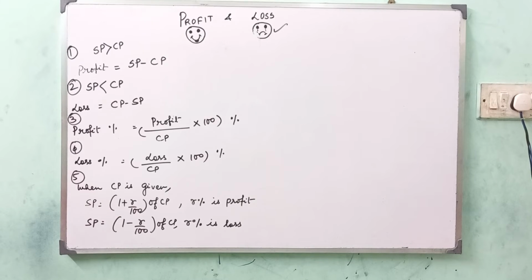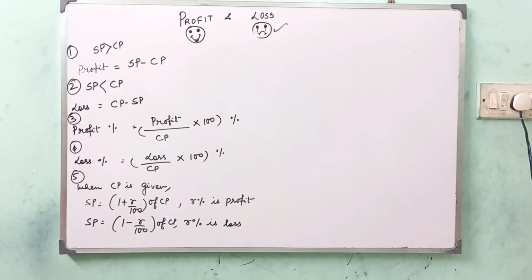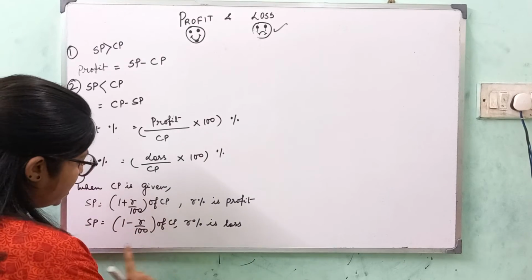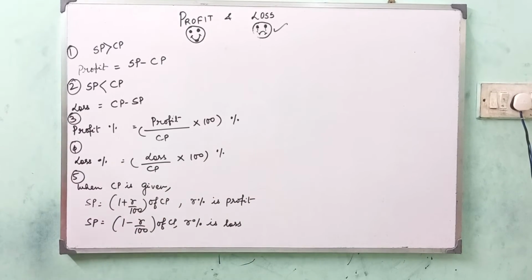So when there is a profit of R percent, your SP is 1 plus R by 100 of CP. When there is an R percent loss, your SP is 1 minus R by 100 of CP. So remember, again I am repeating, if there is a profit, it's a plus sign. If there is a loss, there is a minus sign.